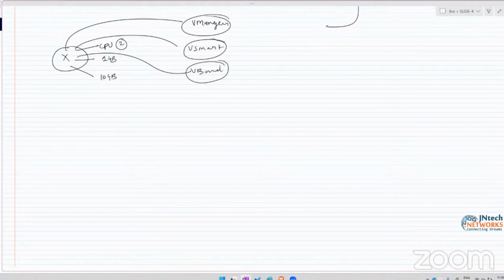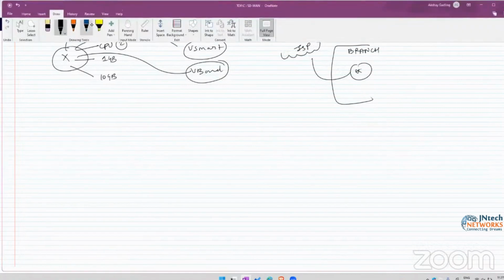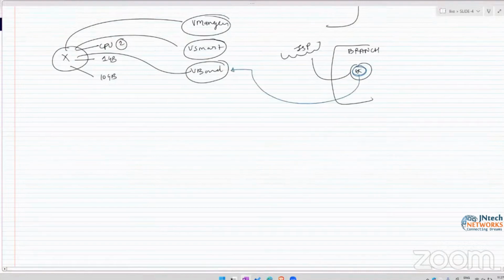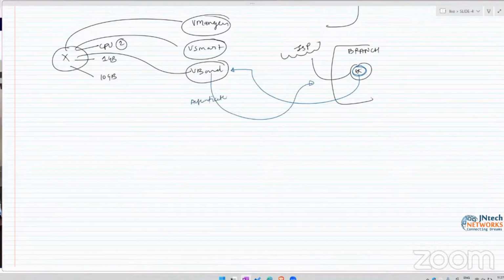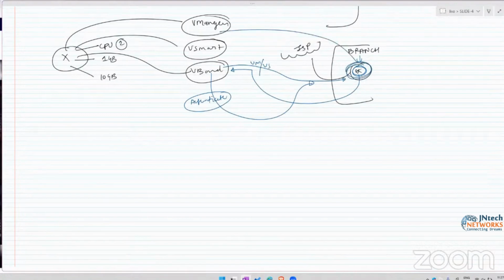If this branch is connected with the ISP, the first thing is that this branch must know the vBond. Basically, the vBond authenticates your managed devices. Clear? After authentication, the vBond will share the information of the 2 controllers, vManager and vSmart, and then this managed device will maintain separate sessions.